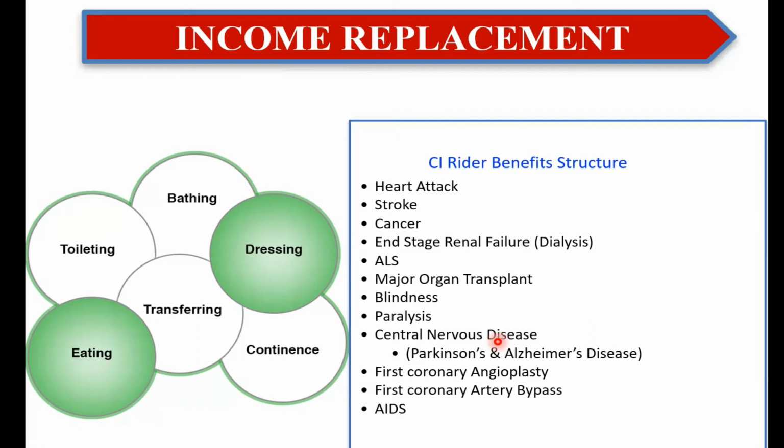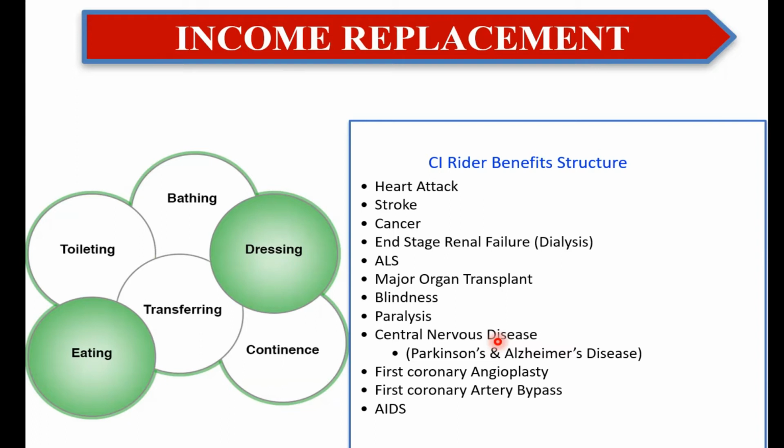Now, if you cannot do 2 out of the 6 activities of daily living, it means you have a critical illness. I want you to understand that this has to be certified by a doctor, though. So if you look at those, it means any 2 of those 6.